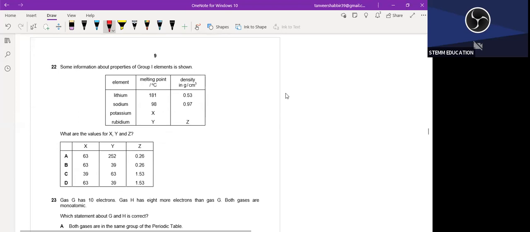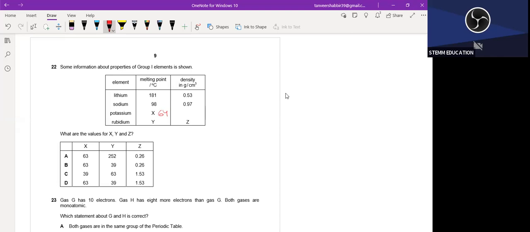Now 22. Some information about properties of group 1 elements is shown. Lithium has a melting point of 181 degrees Celsius, whereas its density is 0.53. Sodium has 98, its density is 0.97. Potassium should be less than the temperature required for sodium, and we already know that it is around 63 or 64.